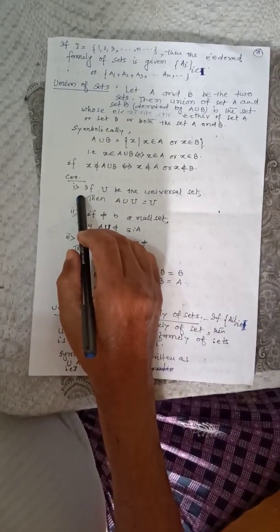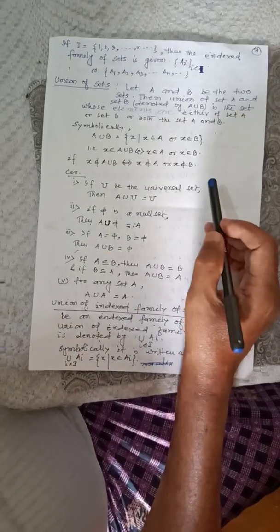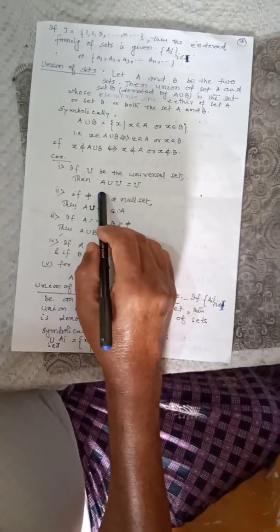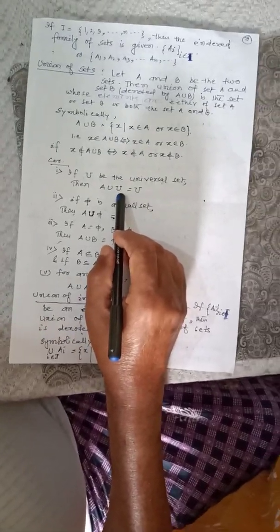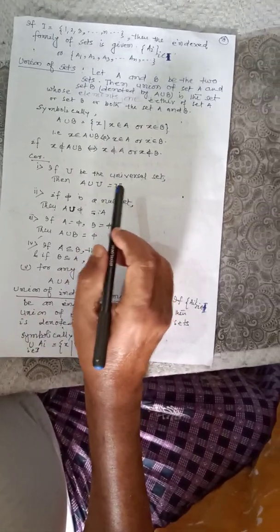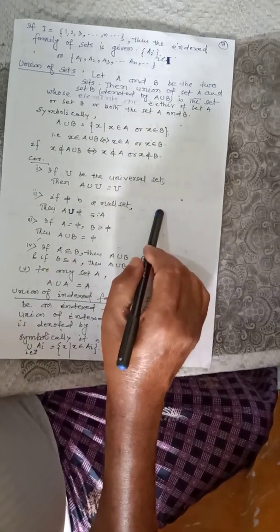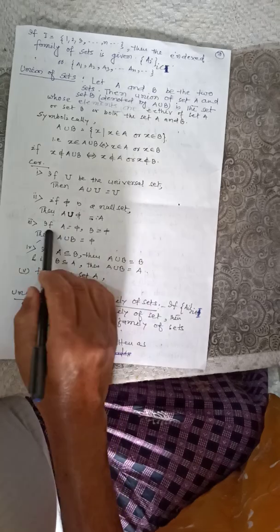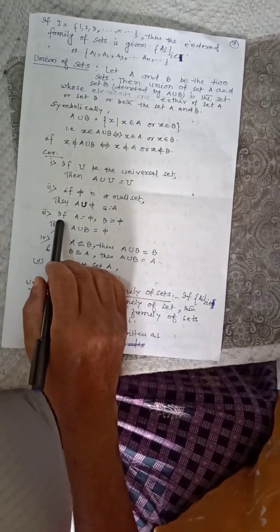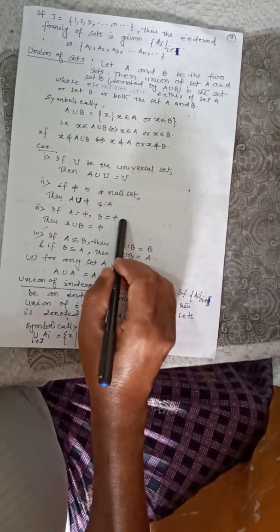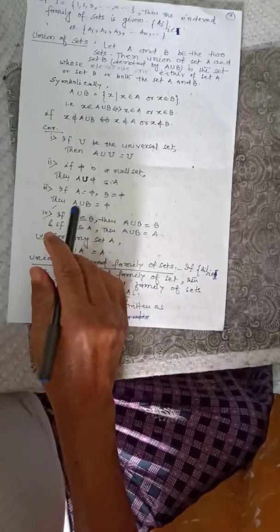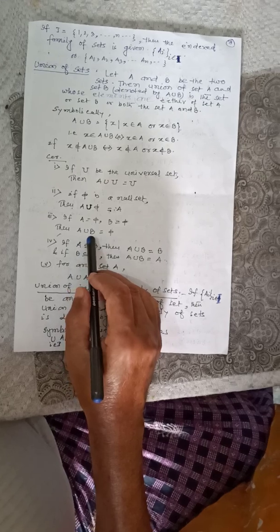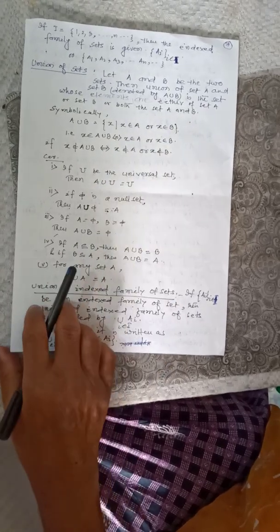Corollary: if U is the universal set, then the union of set A and the universal set is equal to the universal set. If phi is a null set, then its union with A is equal to the set A. If A is a null set and B is a null set, then the union of sets A and B is equal to the null set.